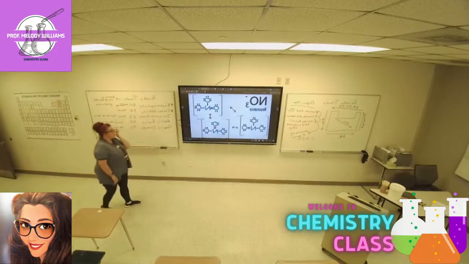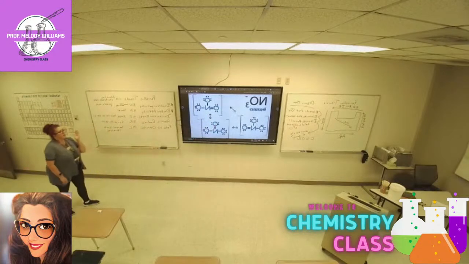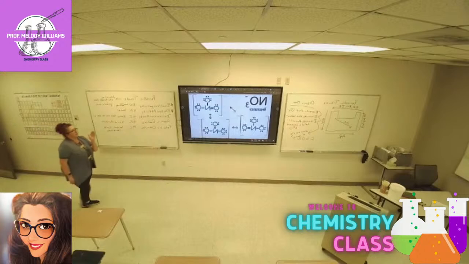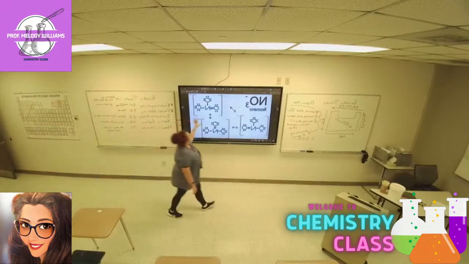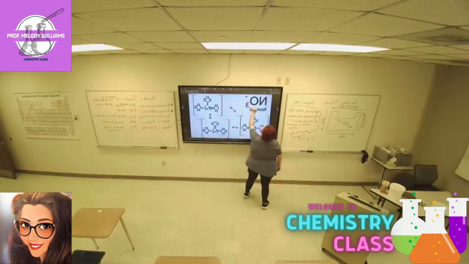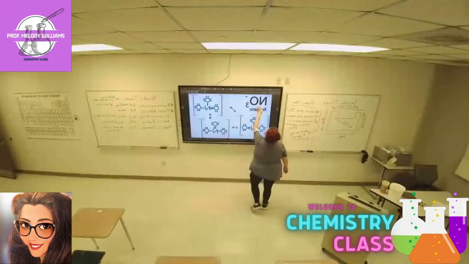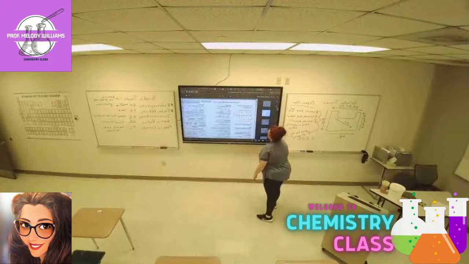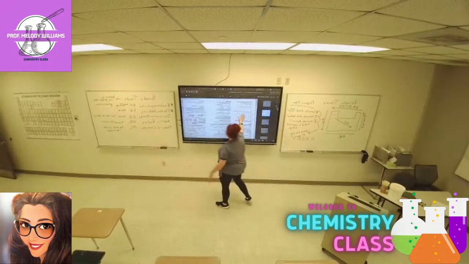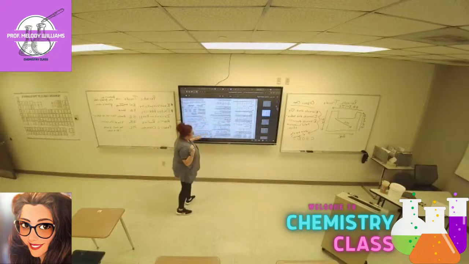So it's really important to pay attention to resonance structure. So when we're looking at, where did it go? Here it is. When we're looking at these, when we get our resonance structures here, or were they somewhere else?